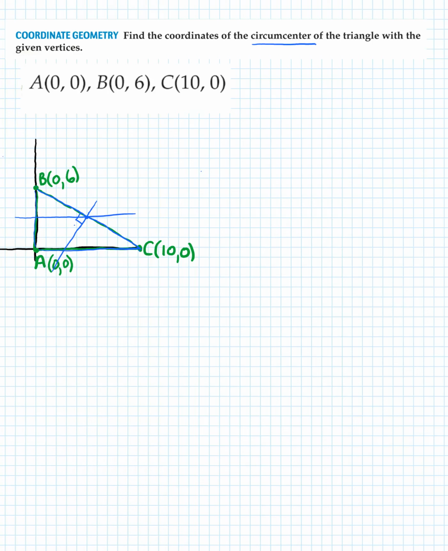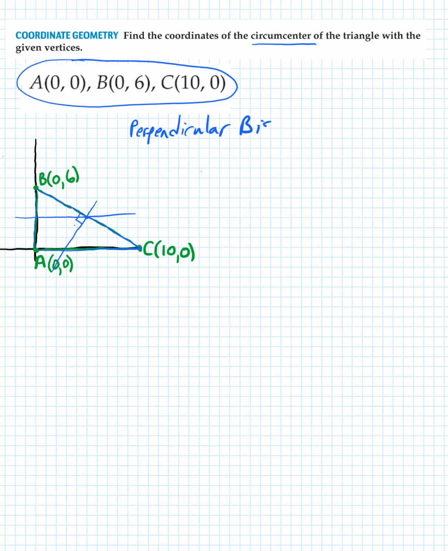In the problem, they didn't give you this drawing, but I think it's always easiest in coordinate geometry, if they give you the vertices like ordered pairs, to draw them out, at least sketch it so you can see what you're working with. So let's first find the perpendicular bisector of BC.